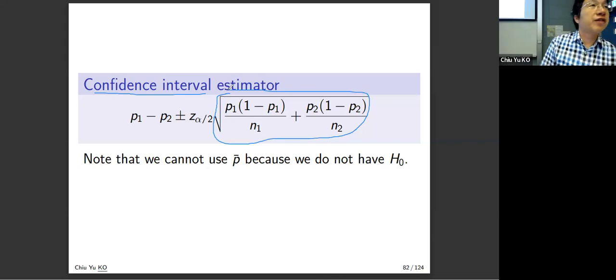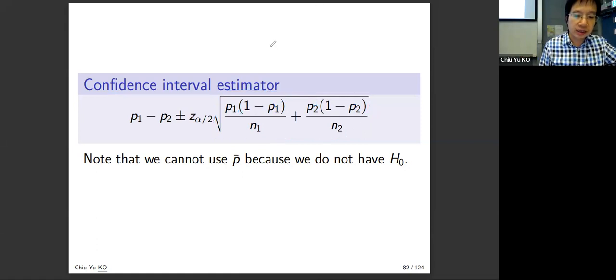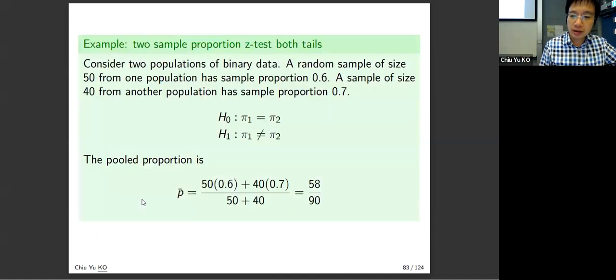But now we don't have this, because that is only possible when they're the same. So we can't redo that. We have to use our own version. That is the first instance where there's some disconnection between hypothesis testing and confidence interval estimation. That is the part I want to emphasize, but the rest are very similar. So let's do it and show you that that will be the case.